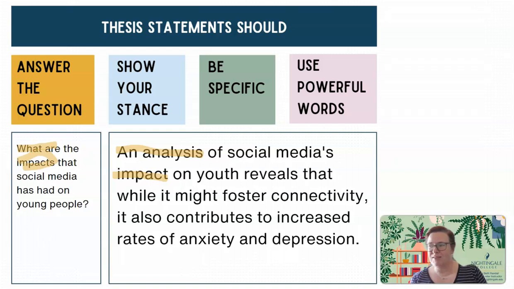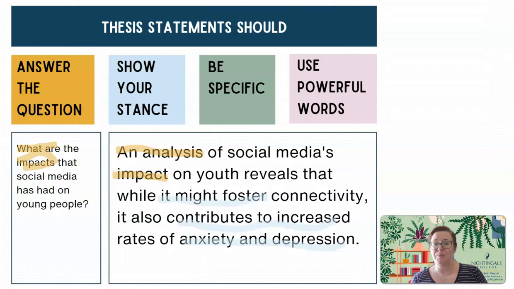In this case, we can say it might foster connectivity, but contributes to increased anxiety and depression. We have this stance. The stance, our argument, should be debatable. We can say, well, it might do this or it might do that. People will disagree, but this is this writer's opinion.